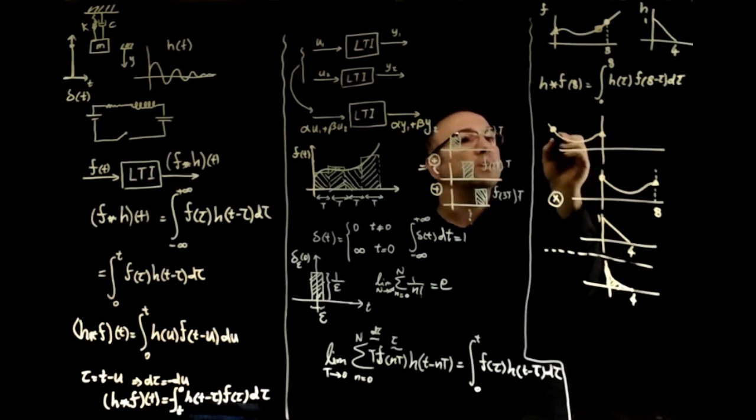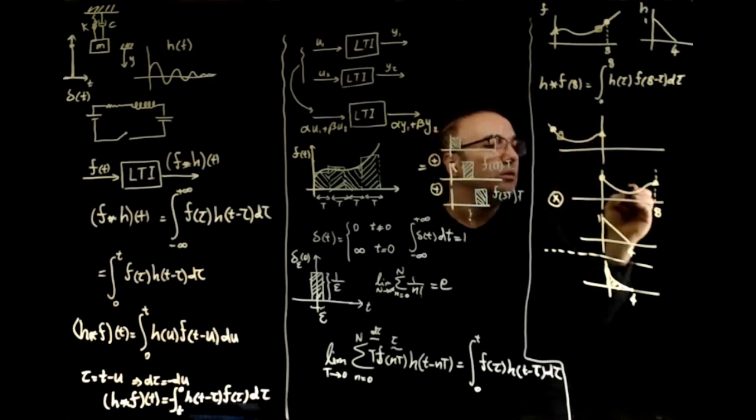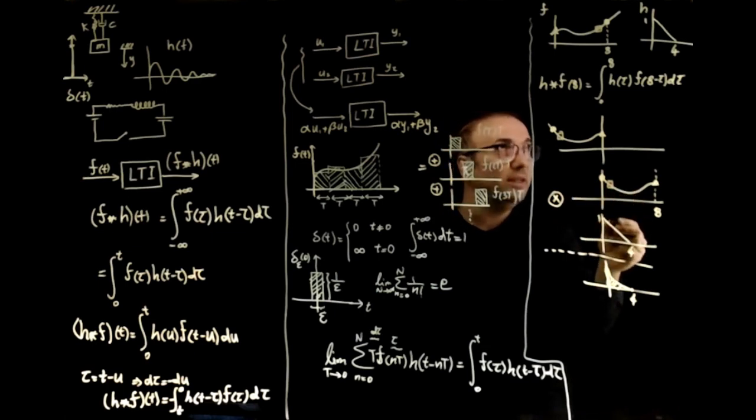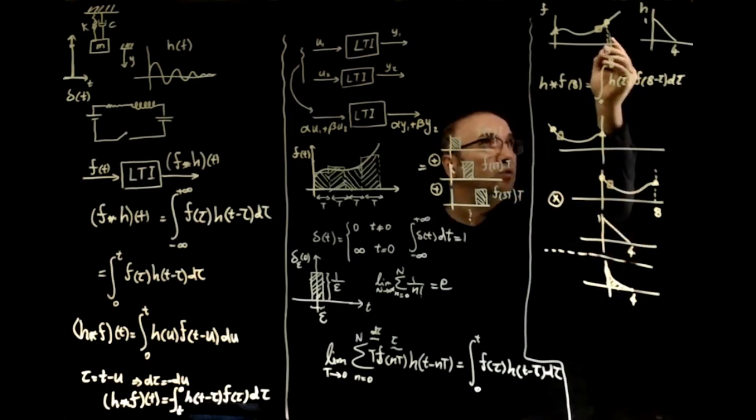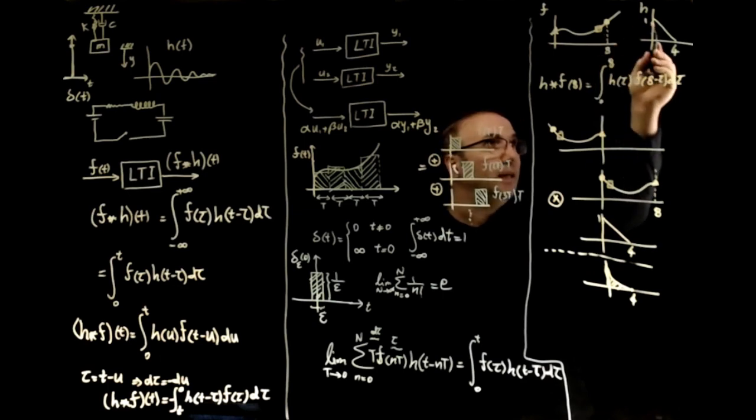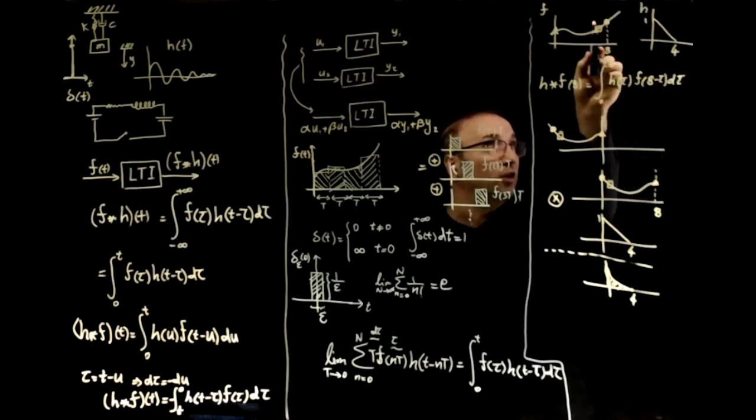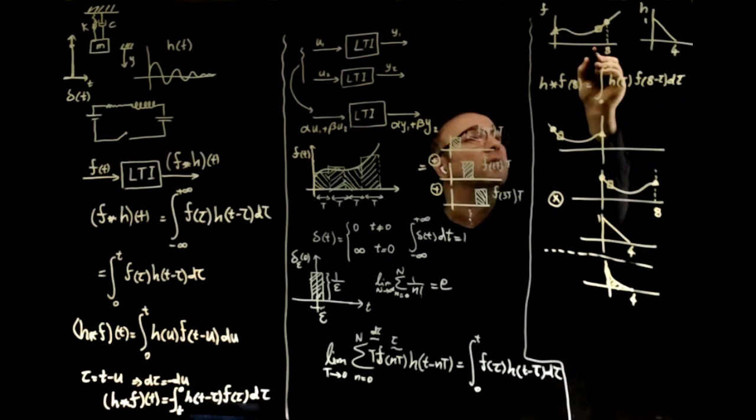Then the square would be here. You see, this square is multiplied by that because it is some moment before 8 seconds, but the impulse response, because it starts at, for example, let's say this is 7, it starts 1 second before.